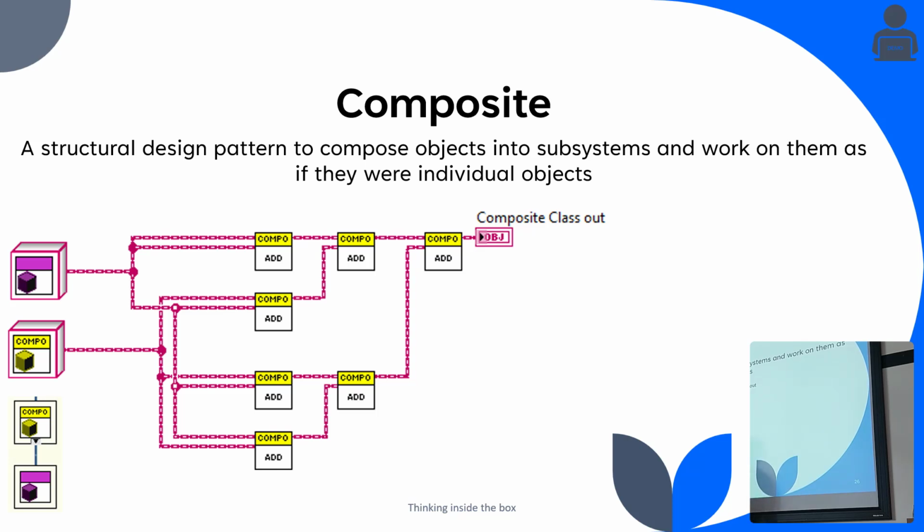But with simple add functions, I could have an object coming in here, and I could add another object to that object. And then here, I get this object, which is already composed of this object. I can add another one, and this one is composed of those. Whenever I'm talking about object, I'm talking about a class on the block diagram.